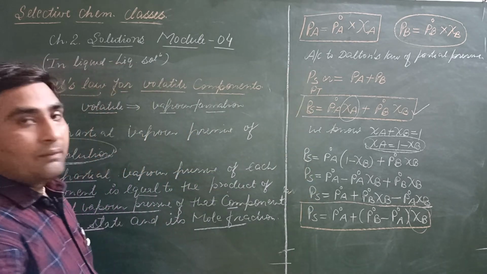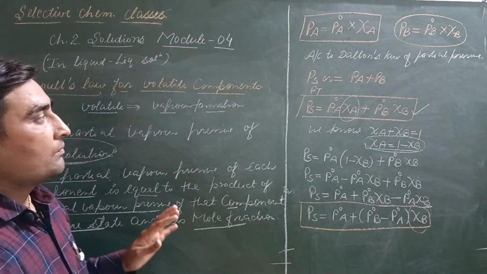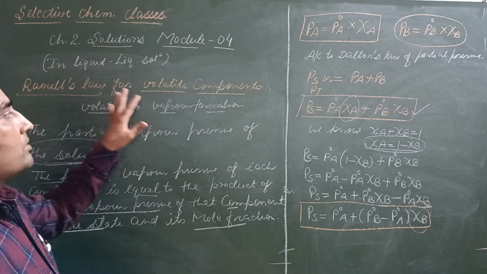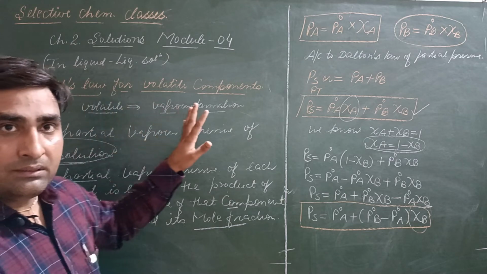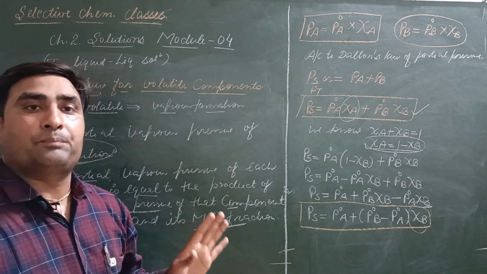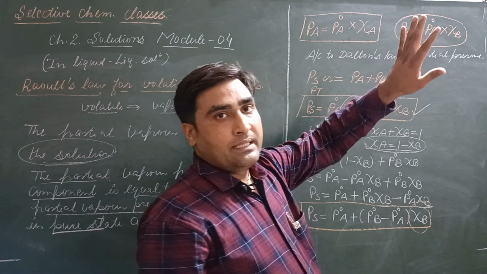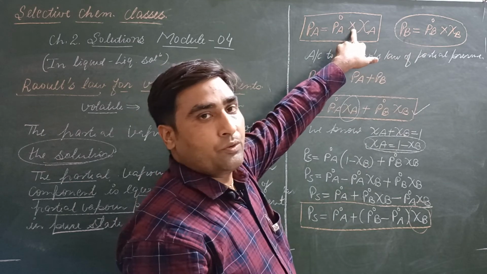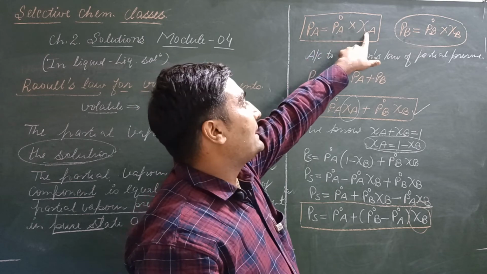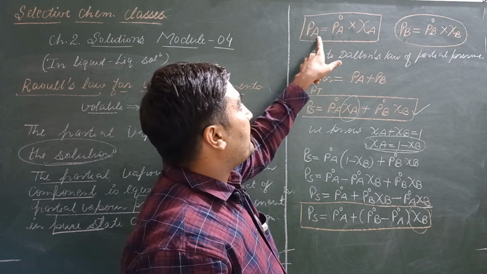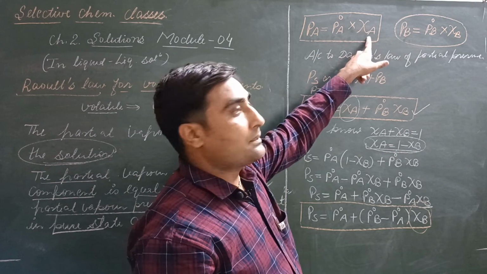So these are different formulas for the numerical problems, and this is called Raoult's law for volatile components. Let's explain again. In the solution, the partial vapor pressure of each component, either A or B, is equal to the product of the vapor pressure of that component in its pure state and its mole fraction. In case of solvent, the partial vapor pressure will be equal to the vapor pressure of the solvent in pure state times its mole fraction.